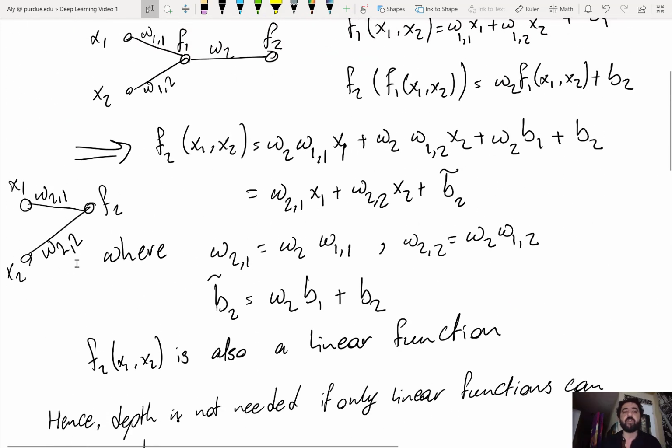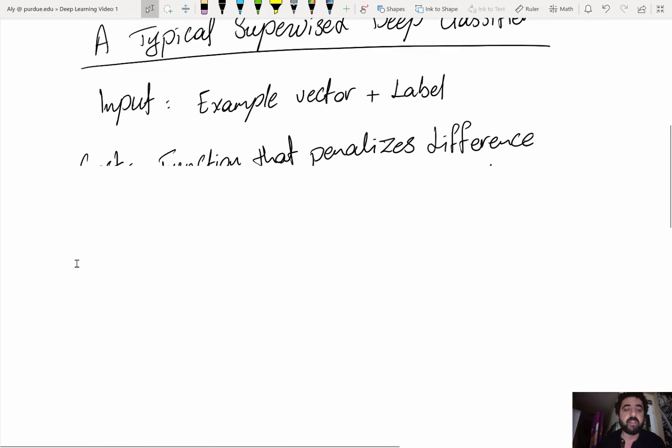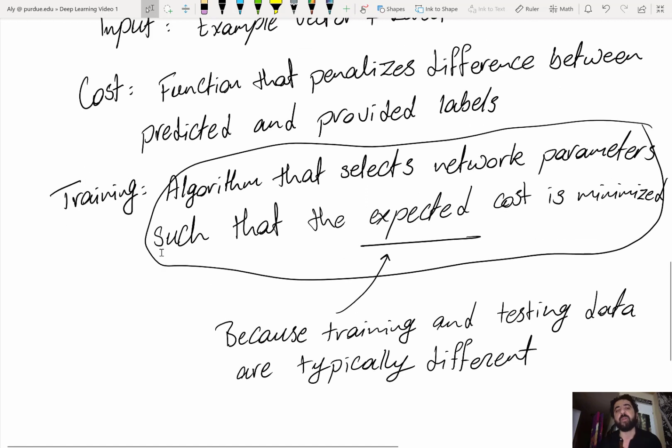So the training algorithm sets the values of these network parameters such that the expected cost is minimized. Now, why did we call it expected instead of just saying the cost is minimized? Because the training and testing data are typically different. So based on the training cost that we see, we are expecting a testing cost. And that's the real objective, that the testing cost is minimized, not necessarily the training cost.